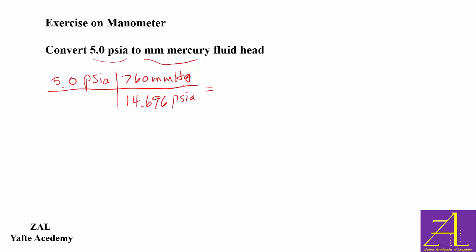This will give me 258.573, and the last digit is here because of 5.0. If I round it off, I will have 259 millimeter of mercury.